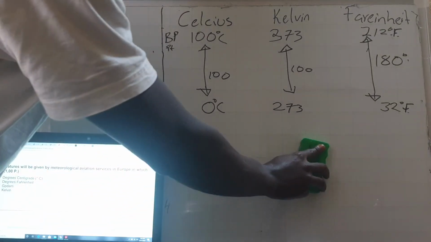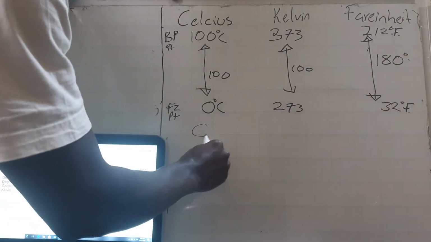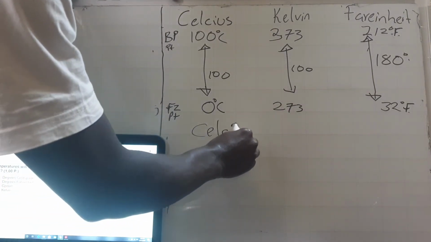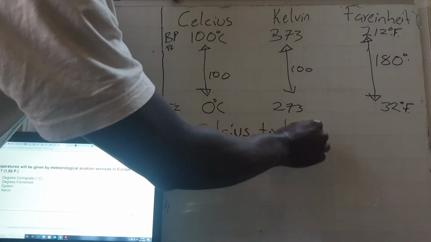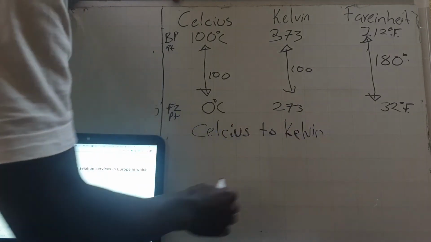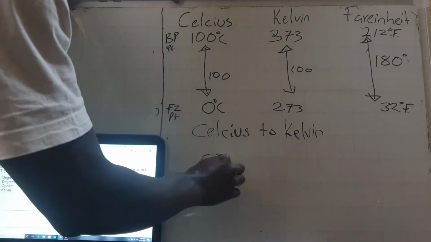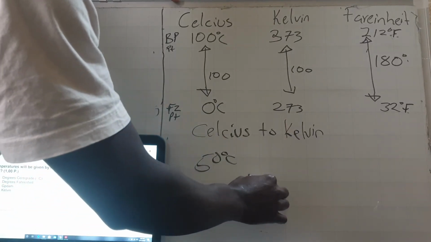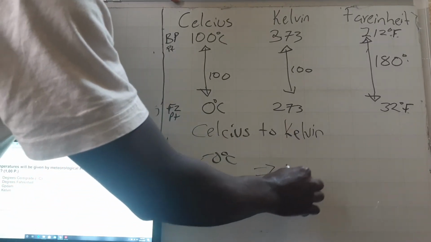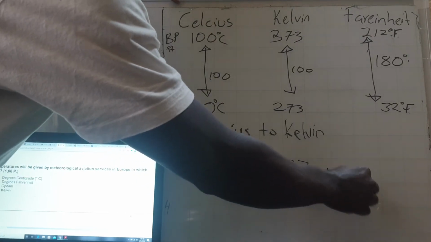So back to conversion. Let's say you want to convert from Celsius to Kelvin. It's just linear. If I need to convert 50 degrees Celsius to Kelvin, I just add it to 273. Why?